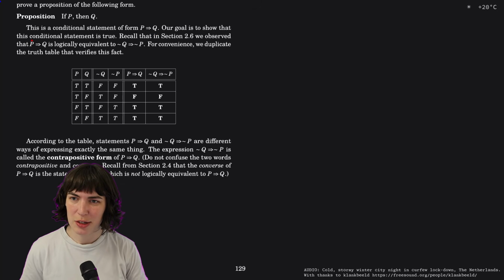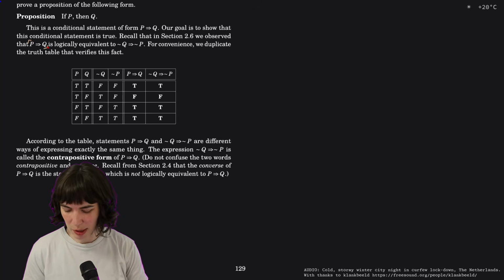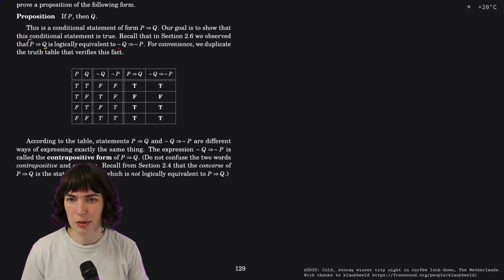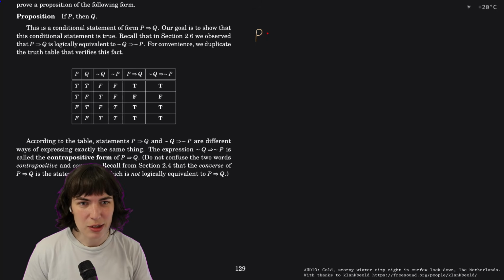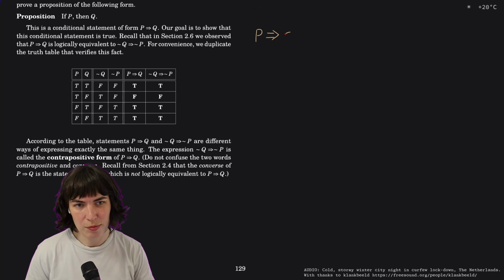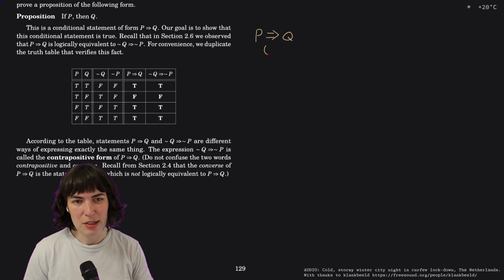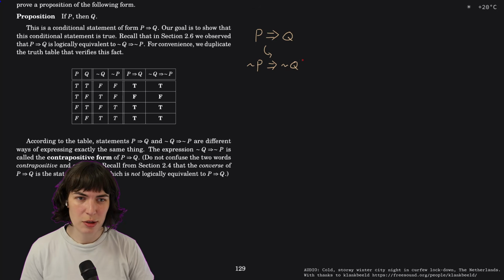So P implies Q, if P then Q, implies if not Q, then not P. Right, okay, that's more intuitive. I was reading that this is the same as... but it's not. That's wrong.